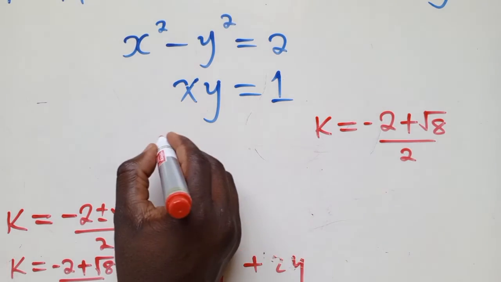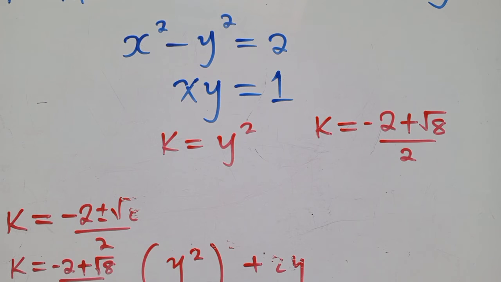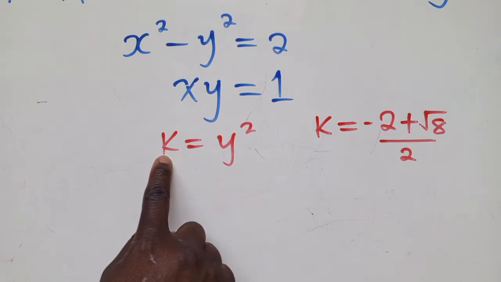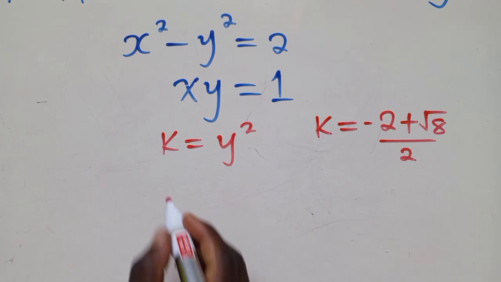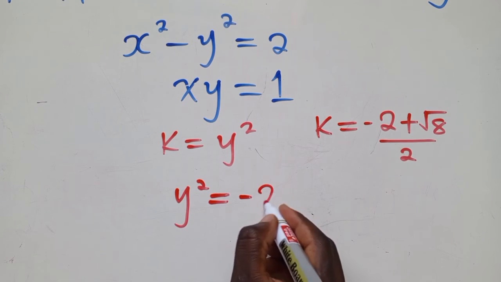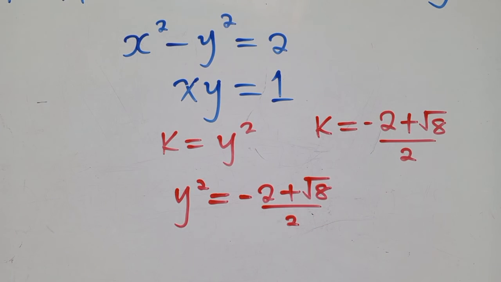And at some point we said let k be equal to y squared. So this means we can equate: this is k and this is k. We can say y^2 is equal to (-2 + root 8) over 2.